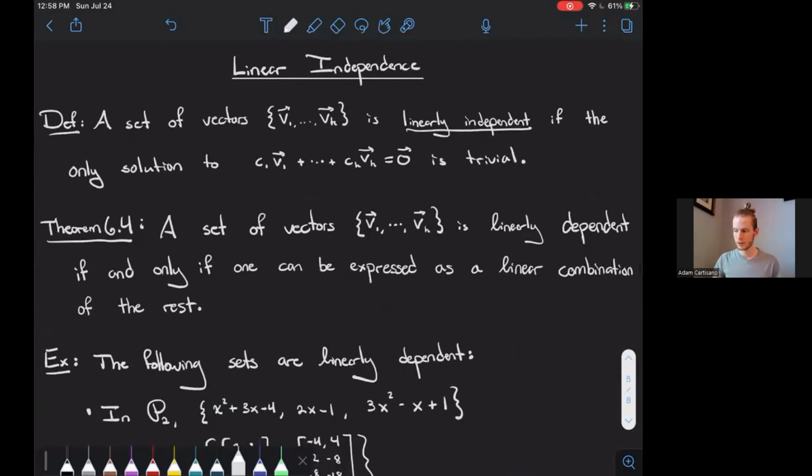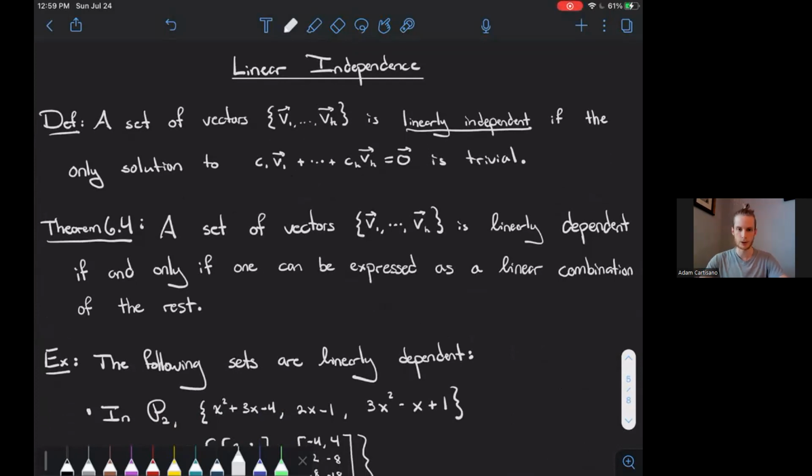linear independence, similar to the concept of span, generalizes in the same way. A set of vectors v1 up to vk in some vector space is linearly independent if the only solution to the linear dependence equation is the trivial solution. That was how we originally defined linear independence or dependence.